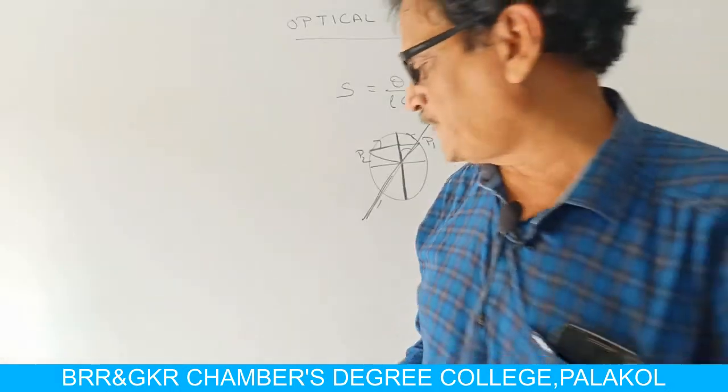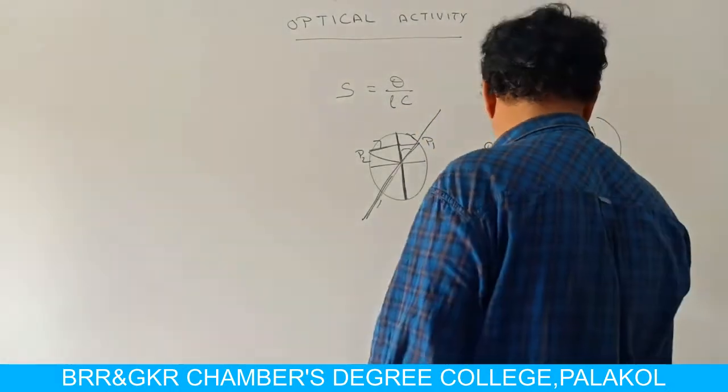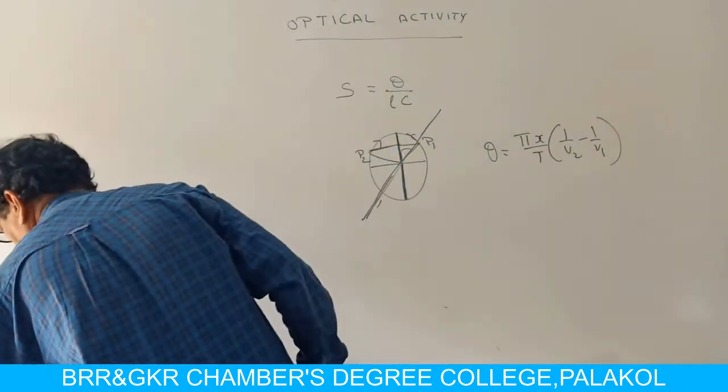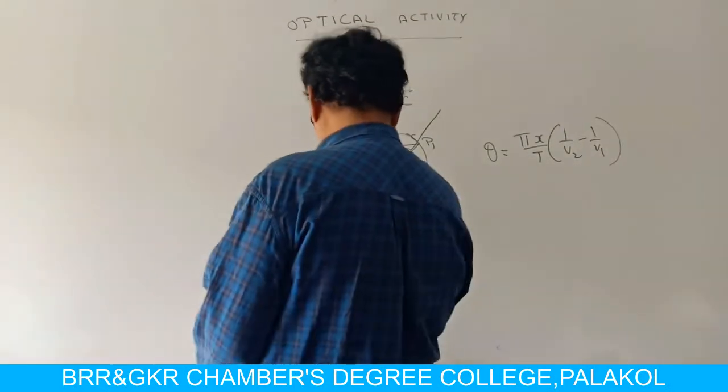The Lorentz half-shade polarimeter is as shown in the diagram.